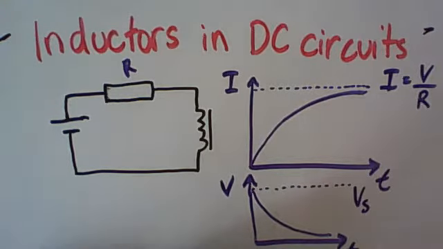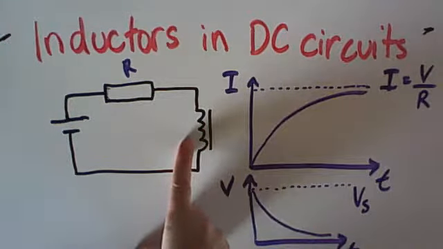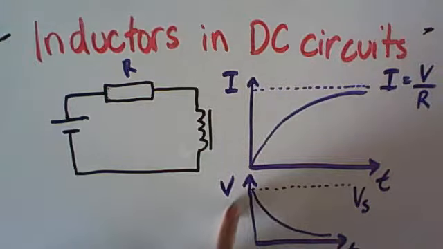So at first, just the opposite to how a capacitor worked. At first, there is no current flowing because the inductor is resisting the change in its magnetic field. Conversely, there's maximum voltage across it at that point.